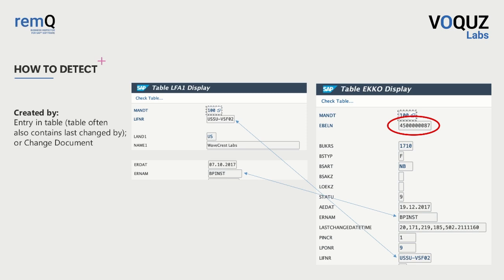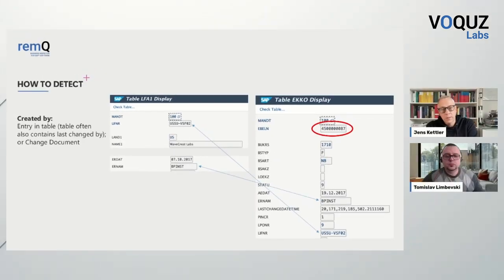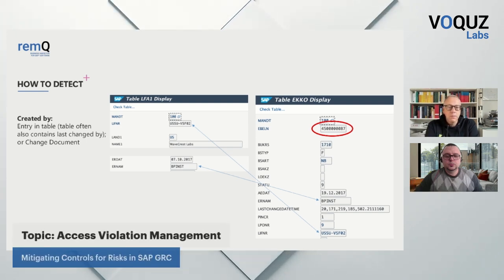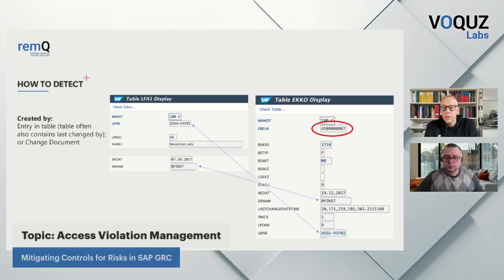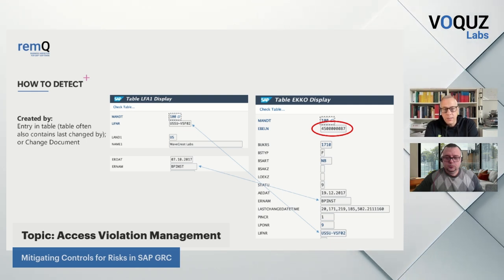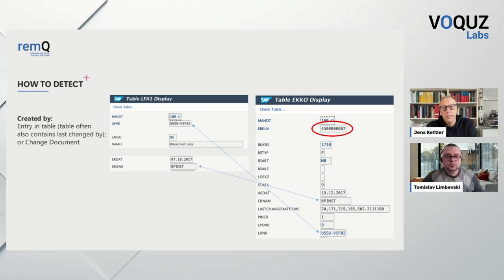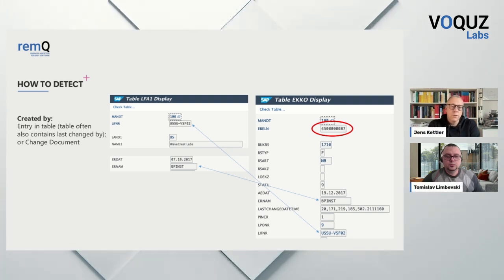So we have all the information in these two tables to perform an analysis of whether that was the same user. You can put these two tables next to each other and match where the username is the same in both tables, and also the entries where the vendor number is the same. If both are the same, you found a case where one user entered a vendor and entered a purchase order for the same vendor.